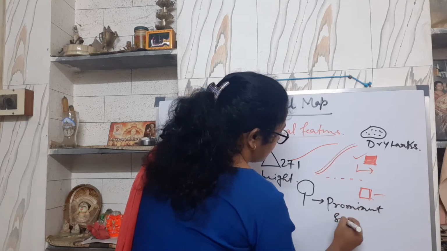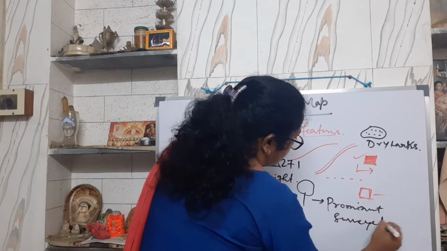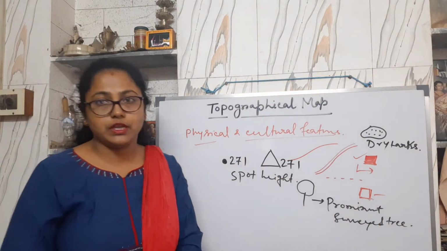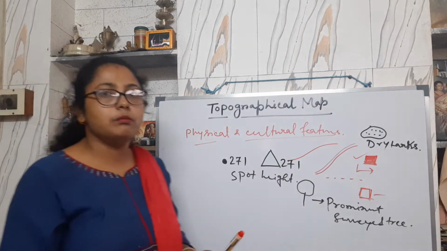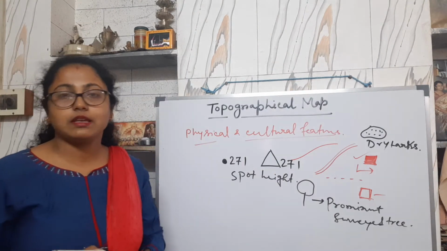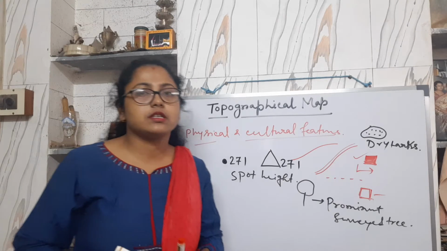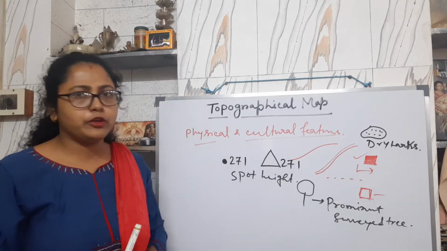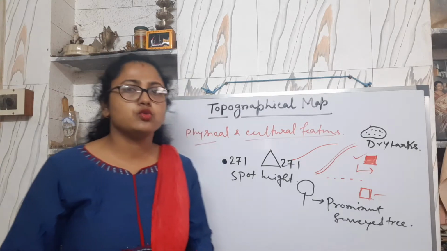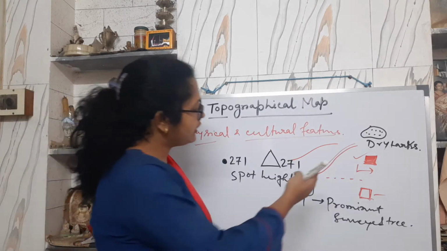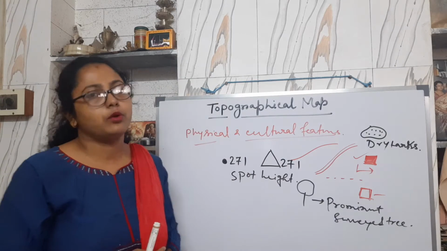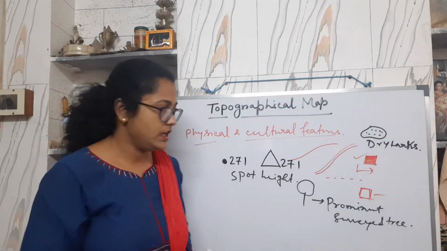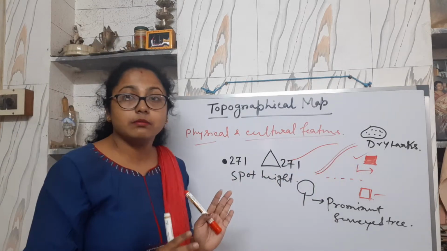So many other conventional symbols are also there. I'll provide one image of these symbols. Many of you have arranged the book, I think. Those who haven't arranged it till now, I'll provide the image. You go through that with the study material. So these are the different conventional symbols.